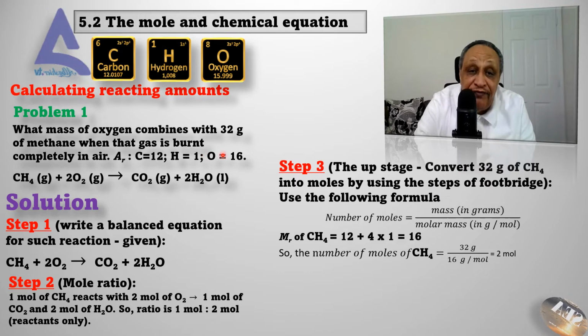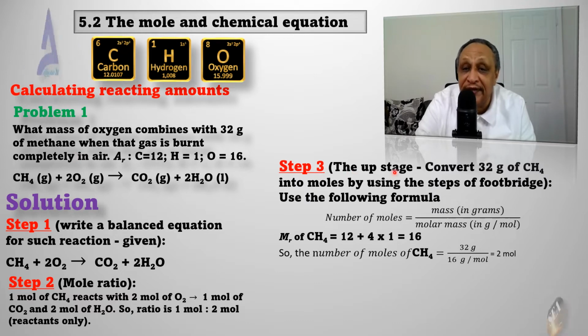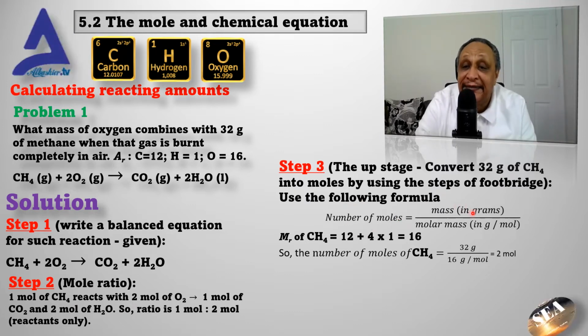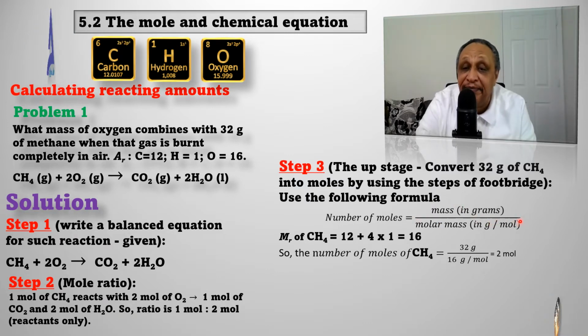I'm going to convert this 32 grams of methane into moles by using steps of the footbridge and using this formula. The number of moles equals the mass in grams over the molar mass in gram per mole.